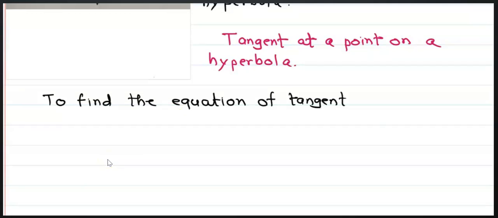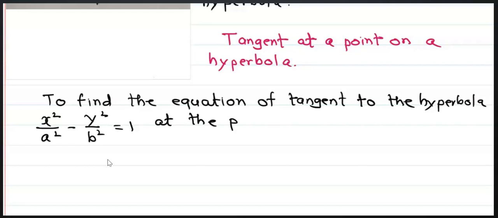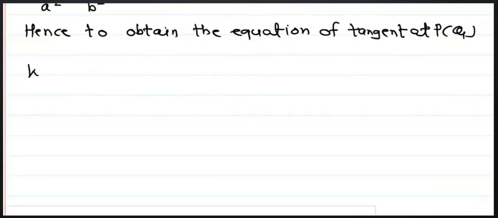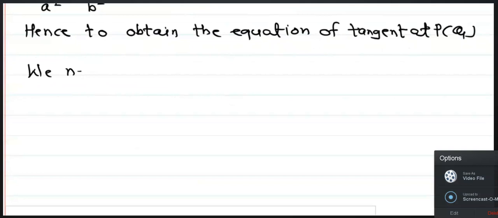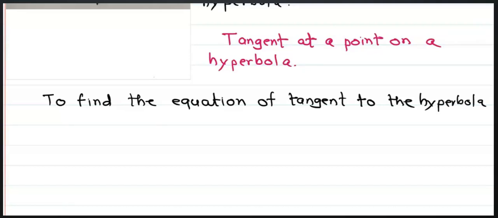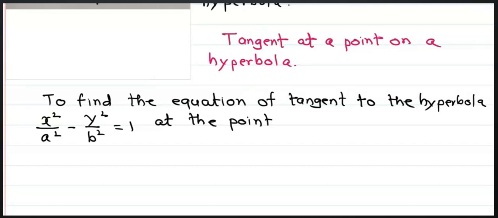To find the equation of the tangent to the hyperbola x square upon a square minus y square upon b square is equal to 1 at P (x1, y1) on it. Now see this here. To find the equation of the tangent to the hyperbola, again I am repeating, x square upon a square minus y square upon b square is equal to 1 at the point P (x1, y1) on it.